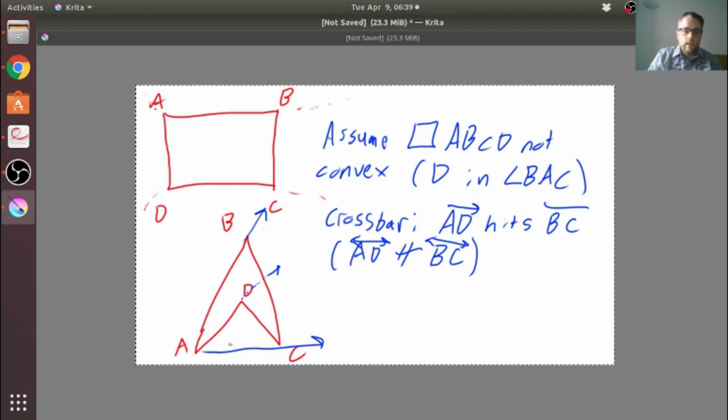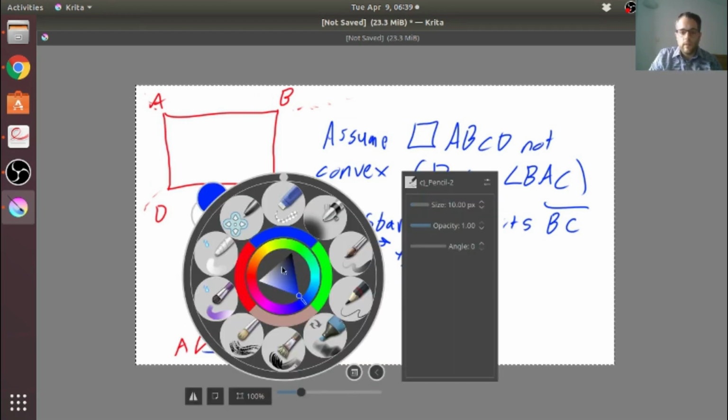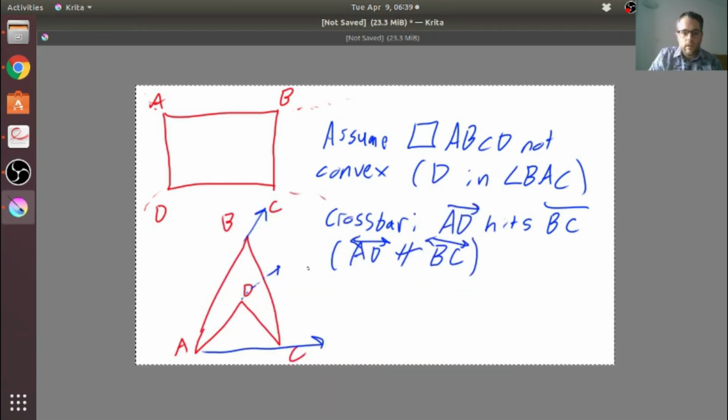Okay, AD is not parallel to BC, but what about the other sides? What about AB and CD? Well, I can make the same arguments I was making before. I know that D has to be in the interior of angle BCA, because the segment CD can't hit the segment AB. These opposite segments can't hit each other.